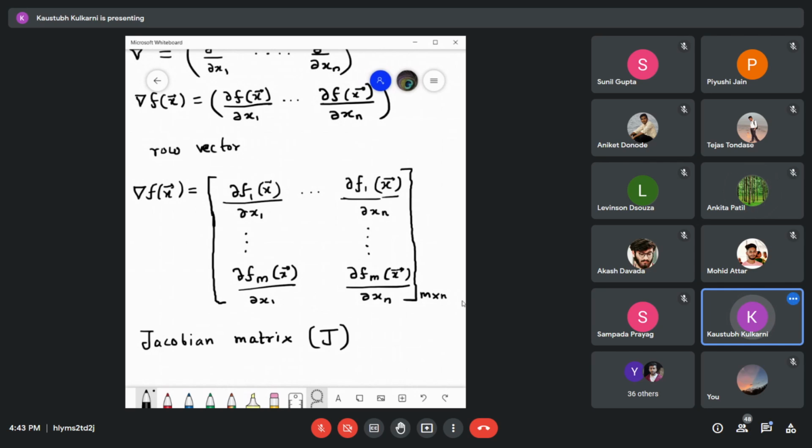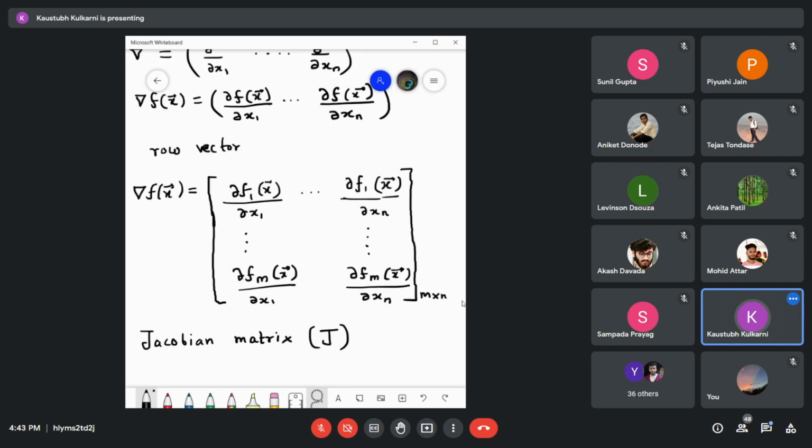Whenever you find the gradient of a multivariate vector valued function, you have to find all these m cross n partial derivatives, where m is the number of components of the vector valued function and n is the number of variables. So it is an m cross n Jacobian matrix.